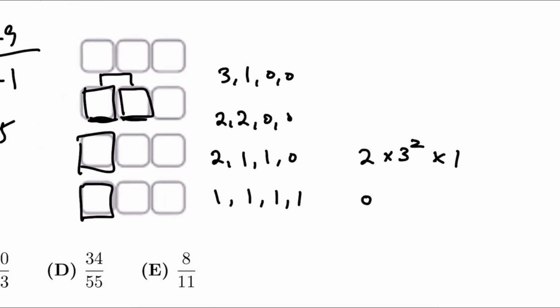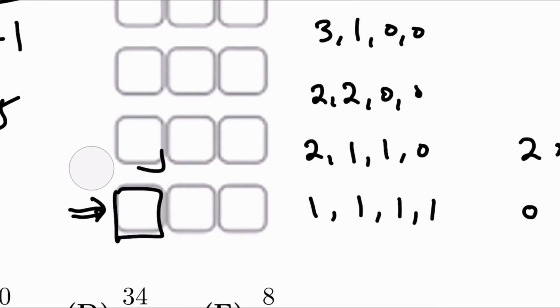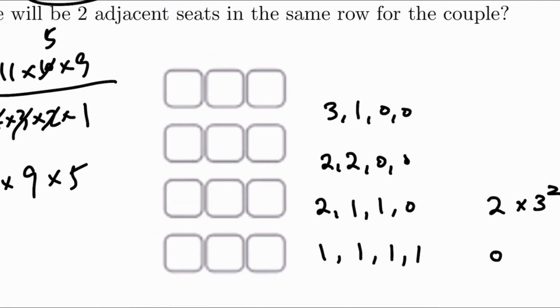Now we have to choose exactly which row has 2 seats. There are 4 ways to choose exactly which row has 2 seats, and there are exactly 3 ways to choose exactly which 2 rows have 1 seat. This is because one of the rows has been taken, so essentially we're now working with 3 rows.